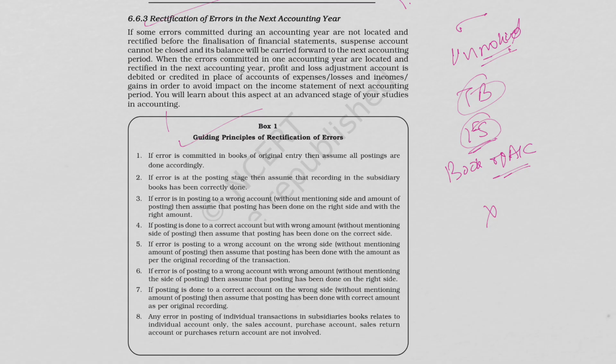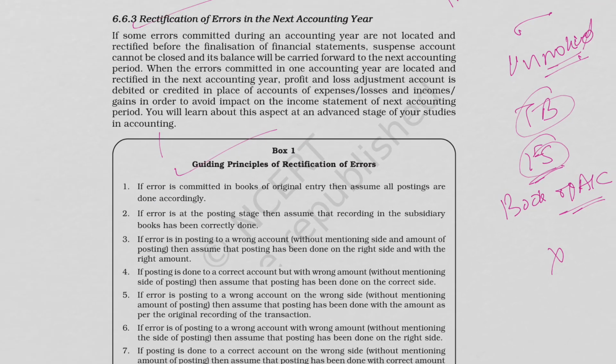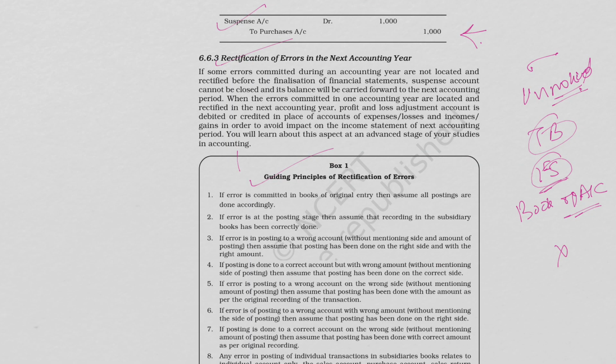So sometimes errors committed during an accounting year, we know, are not detected immediately. So this means that the financial statements for the year are already prepared and the accounts have been closed. So now the question arises, what happens if we discover the error in next accounting year?